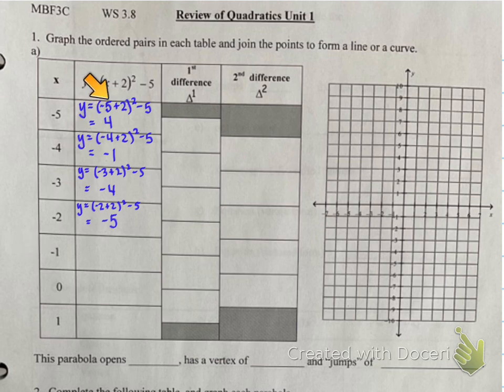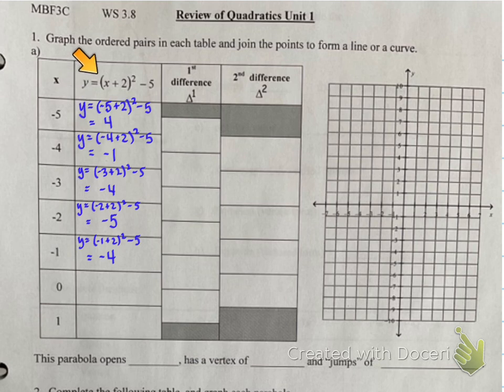Again, we plug in -1 into the equation. y equals (-1 + 2) squared minus 5 equals -4. And again, we plug in 0.